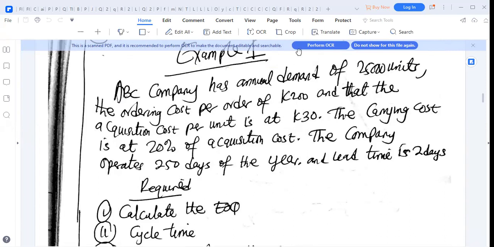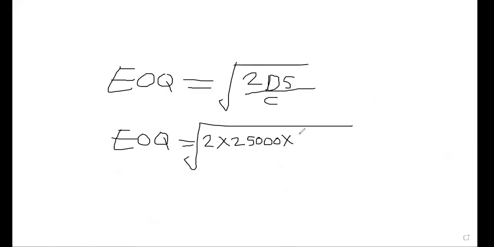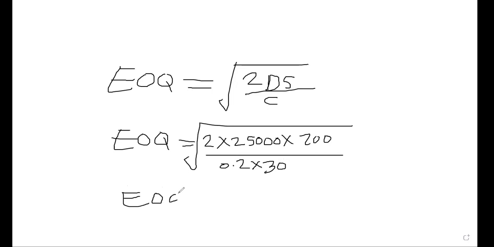So we can say our 200 here, then here we divide by 0.2, you multiply by 30. So meaning that our EOQ is actually going to be equal to, on top there, we can dismantle that.